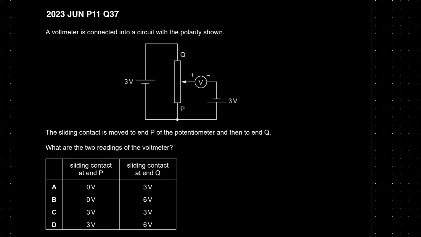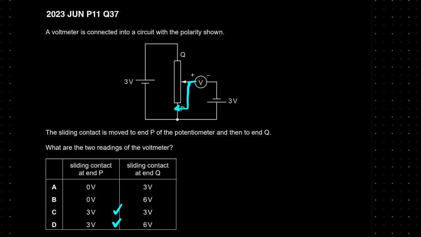Again, with your contact here, basically there's going to be this and this component in series, right? And so it really just becomes an application of KVL. So 3 volts must obviously appear across just the other component in the circuit, which is V, right? So it's either going to be C or D.